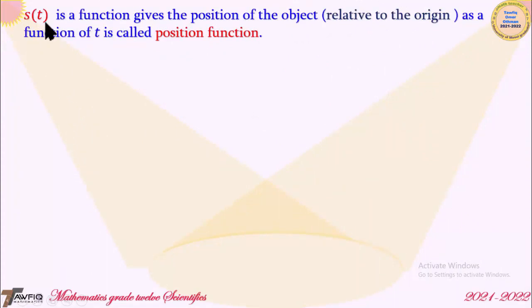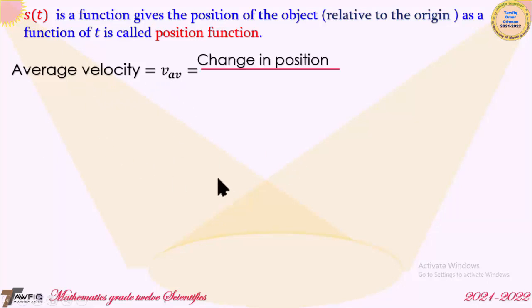s(t) is a function that gives the position of the object relative to the origin as a function of t, and is called the position function. The average velocity, V_av, is equal to the change in position over the change in time.